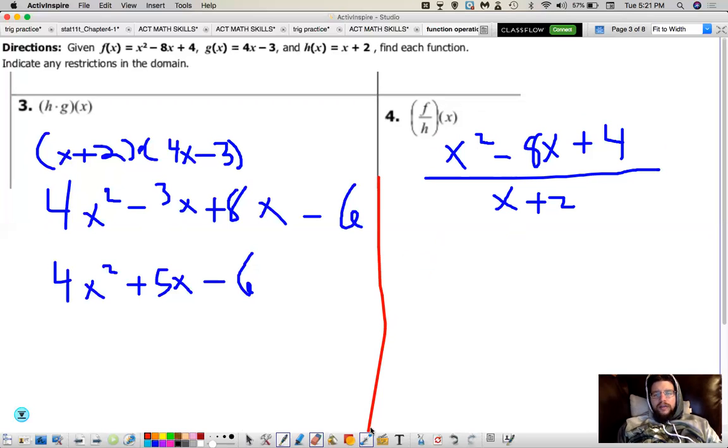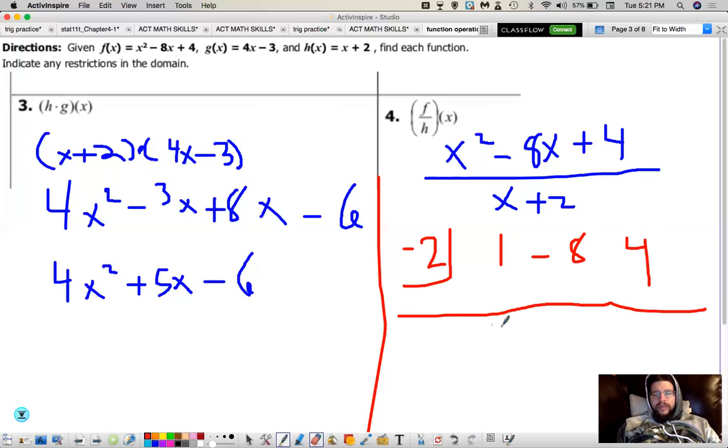So I'm going to start by putting what makes my denominator 0 in the box, writing down my coefficients, making sure I don't have anything skipped. F over h.